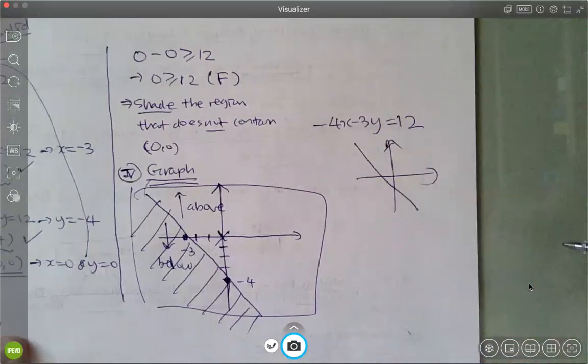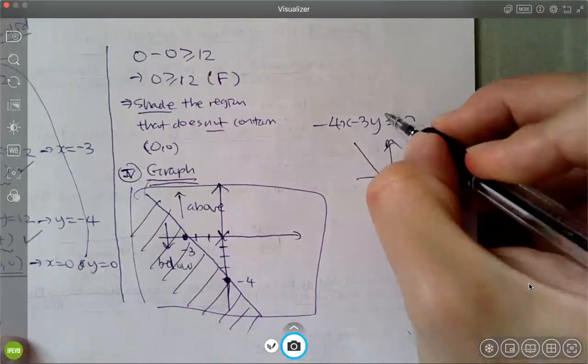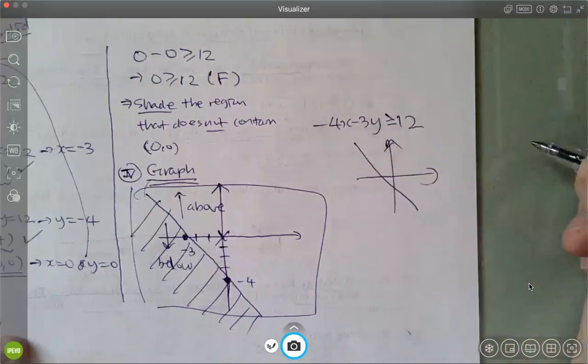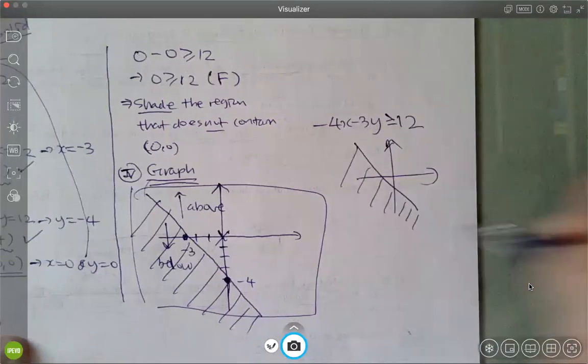But if you have something like this, then you need to shade. So be careful whether you are given an equality sign or inequality sign. Inequality sign means you need to shade some region. So be careful.